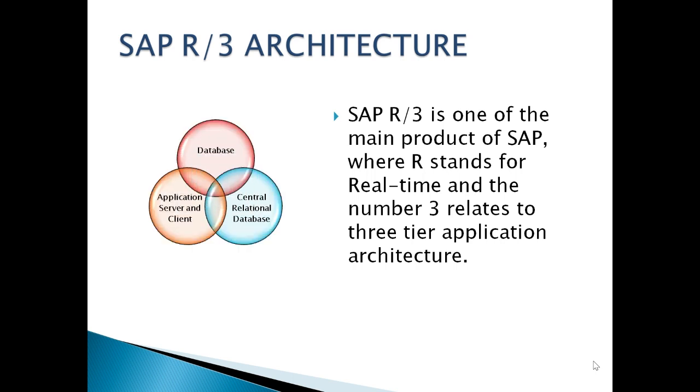These are the 3 tiers: database, application server and client, and we have a central relational database. So SAP R/3 means Systems, Applications and Products in Data Processing, real-time 3-tier application architecture. That's why we call it SAP R/3. The 3 relates to database, application server and client, and central relational database.